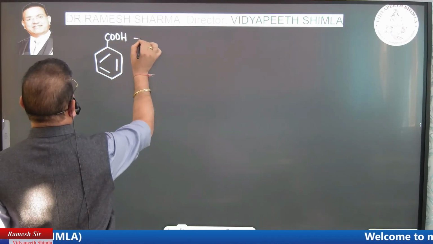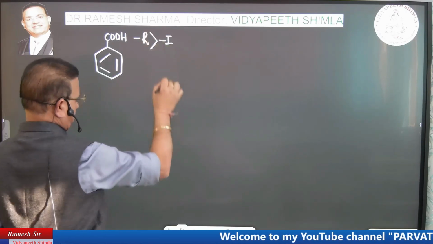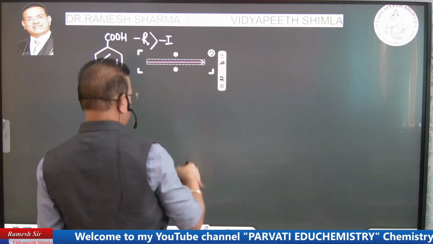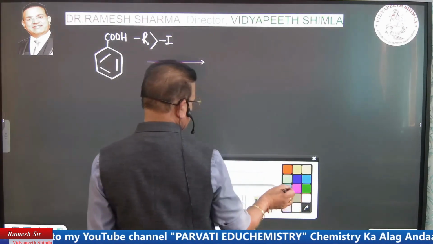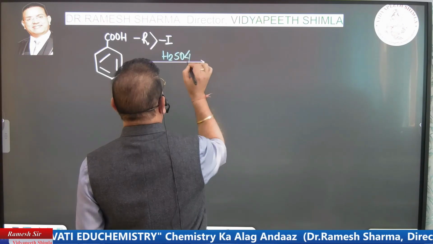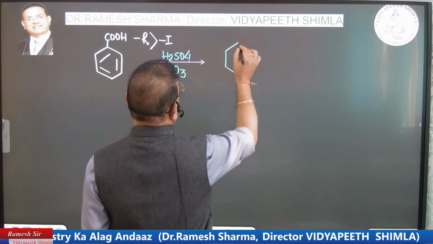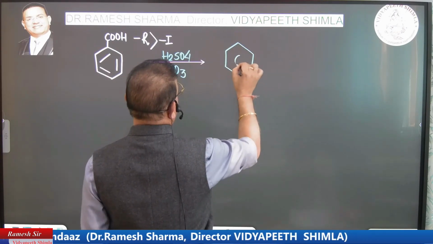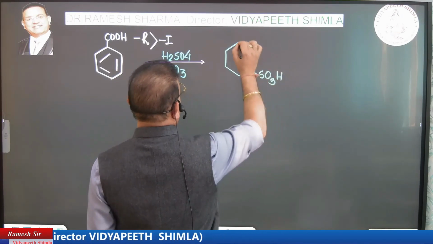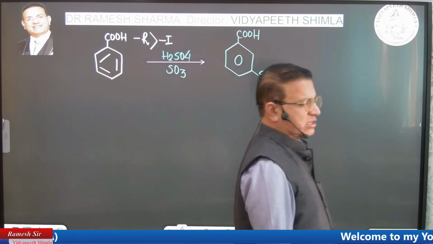So it is an electron withdrawing group, so that you do bromination, nitration, anything you do, sulfonation you do, that will definitely occur at meta position. And the product we will get is meta carboxy benzene sulfonic acid.